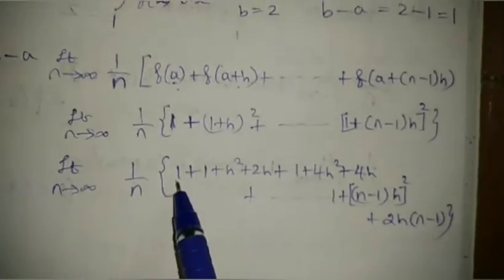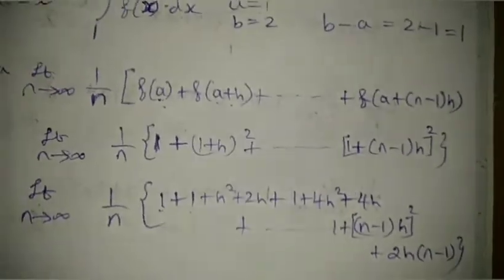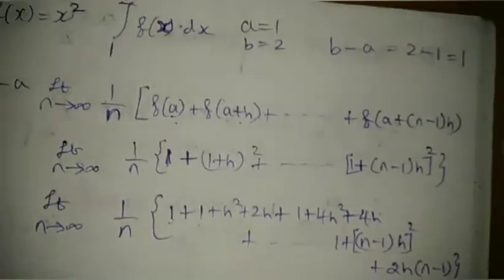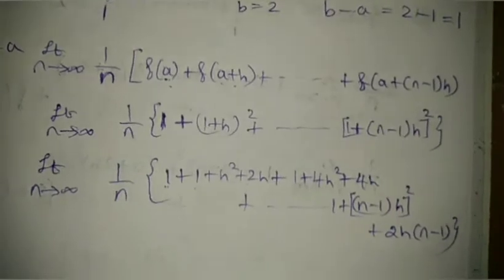So it will be 1 plus 1 plus 1 and so on up to n terms. Why n terms here? Because you might ask, n minus 1 is there, so it would be n minus 1 terms.